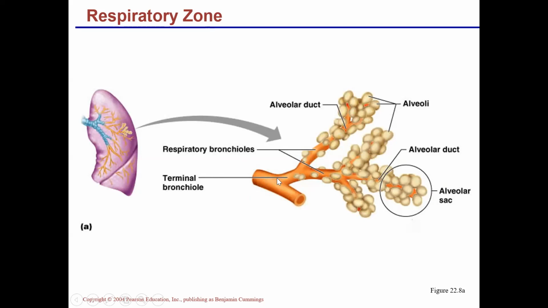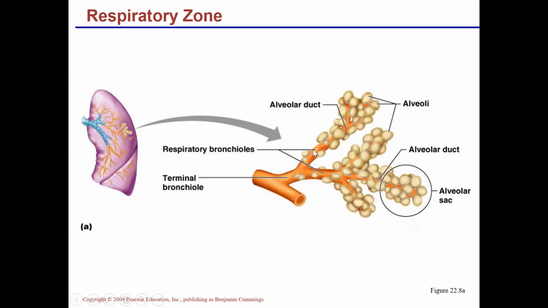We start from this terminal bronchiole. If you remember, this is the end of the conducting zone. From the terminal bronchiole, it develops into respiratory bronchioles. If you compare the respiratory bronchioles to the terminal bronchiole, do you see the difference?